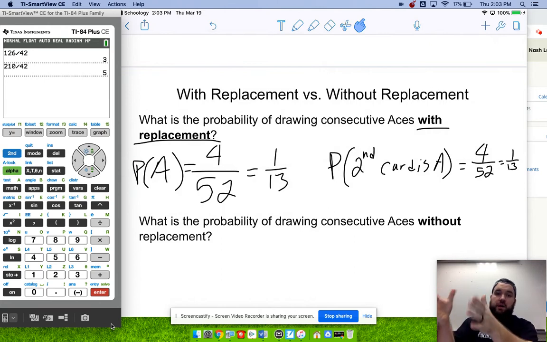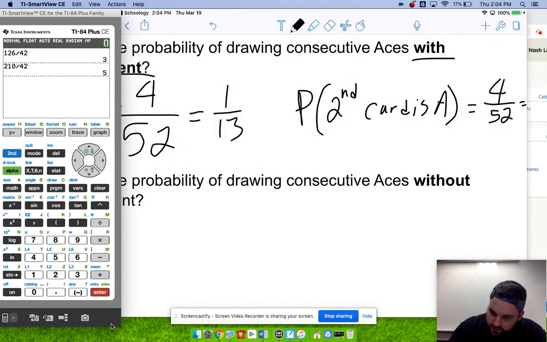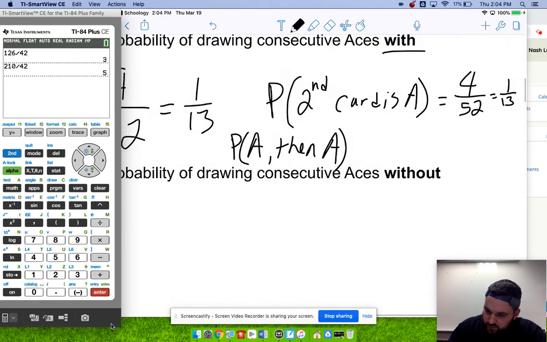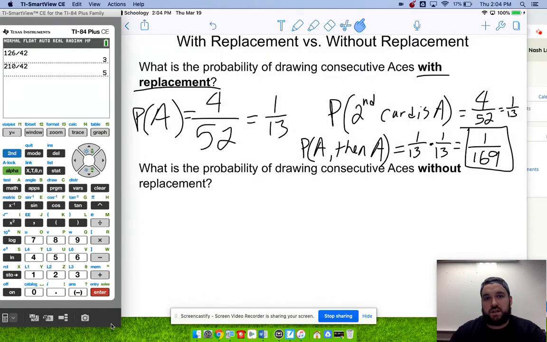The probability of the first event, an ace, 1 out of 13, followed by another ace is 1 out of 13 times 1 out of 13, which is 1 out of 169. The numbers aren't even that important. I just want to focus on the phrase with replacement. That means the probability for the first one is the same as the probability for the second one.